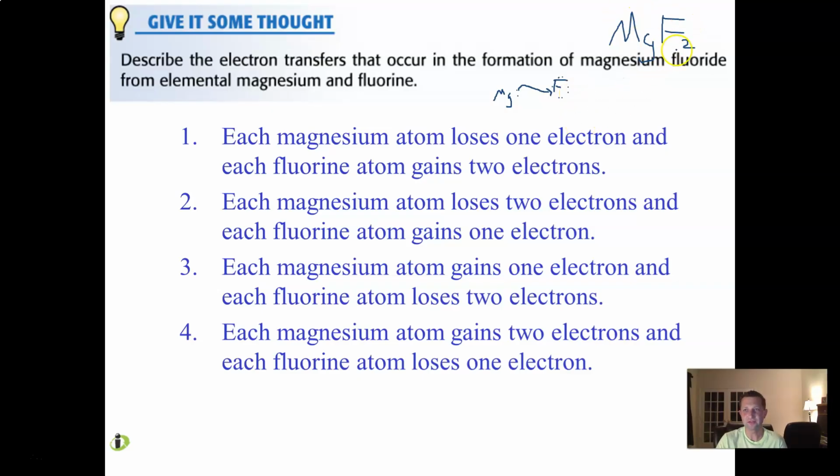So the formula is MgF2, so we have another fluorine atom. Okay, 7 valence electrons. Electron goes here. So what answer is the correct answer then? Looks like number 2. Each magnesium atom loses 2 electrons, and each fluorine gains 1. And you can see that here in the little sloppy diagram I have for you guys.